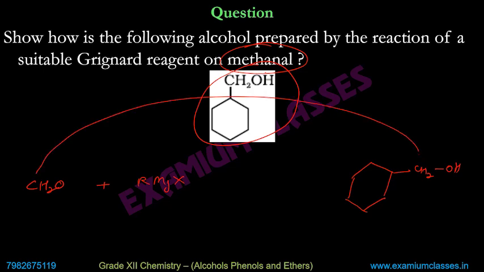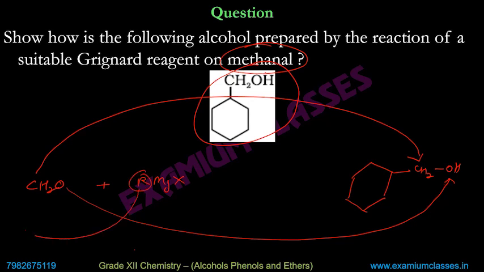This carbon is the carbon, and oxygen gets converted to this one. It means the R which is attached here is this one. Okay. So that's how you will get it. The process will be a two-step process.